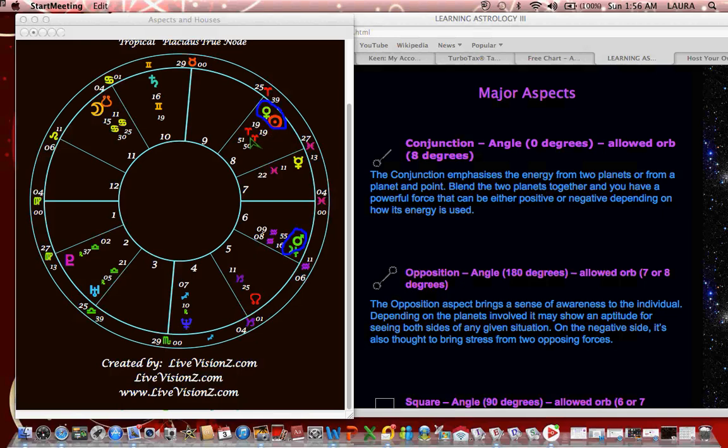It would still be conjunct, but it would be combust because it would be a little bit hurt by the sun's rays. Now, let's say this Venus was 16 degrees and the sun was at 19, then it's still combust. It's close to that sun.